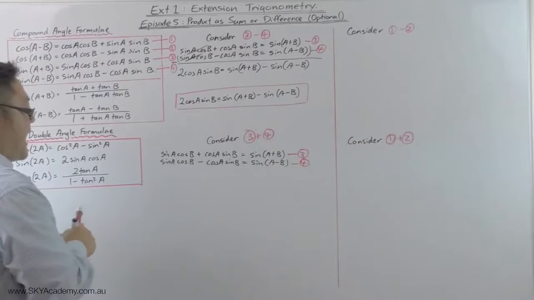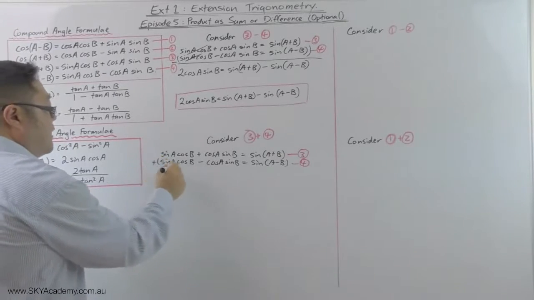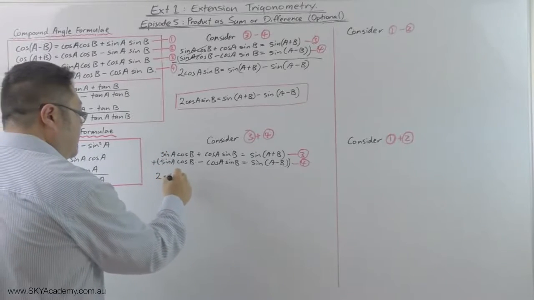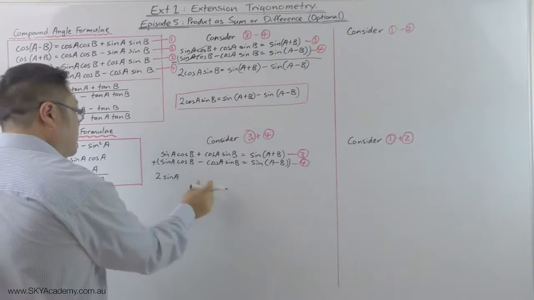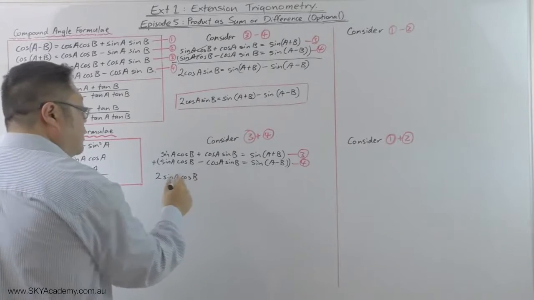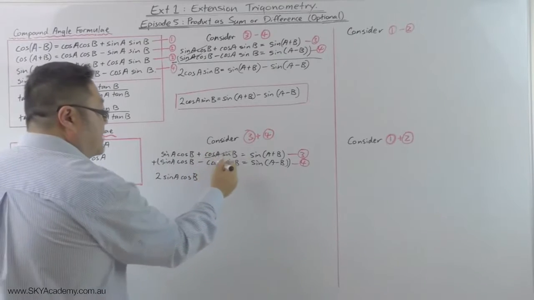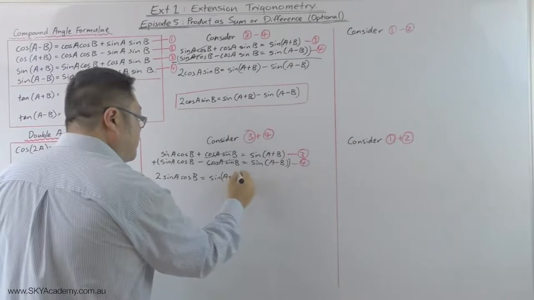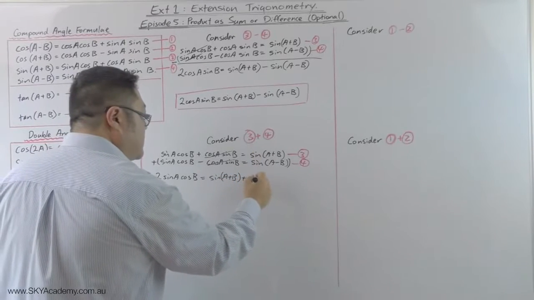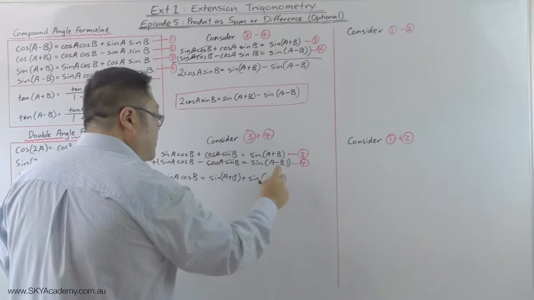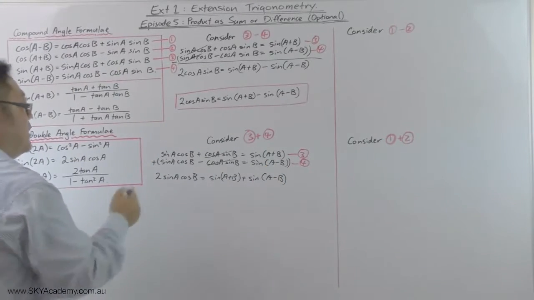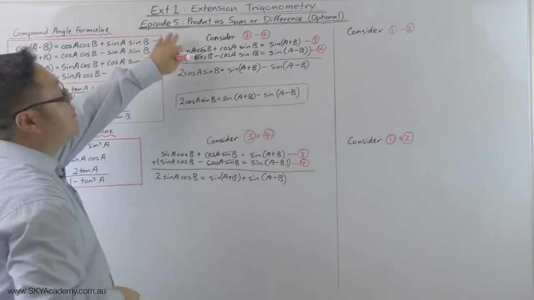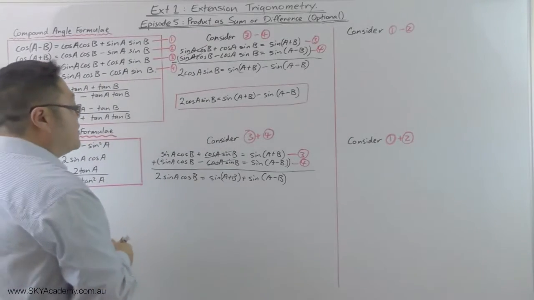When we add them, sine A cosine B plus sine A cosine B becomes 2 sine A cosine B. The cosine A sine B terms cancel out, which leaves sine A plus B plus sine A minus B. Got it? And that is your second product as a sum or difference. So let me just write that down.